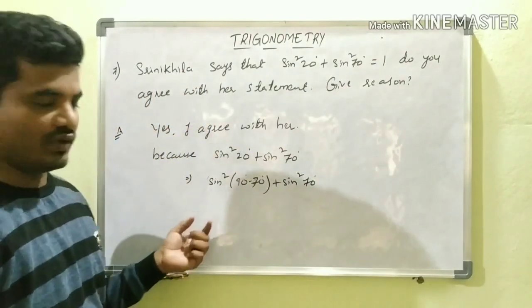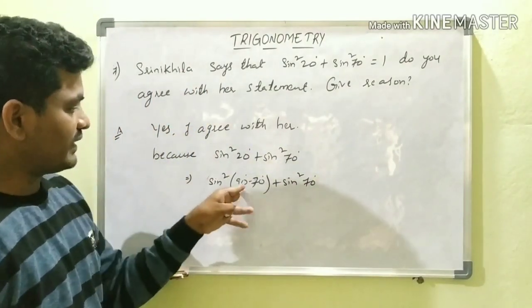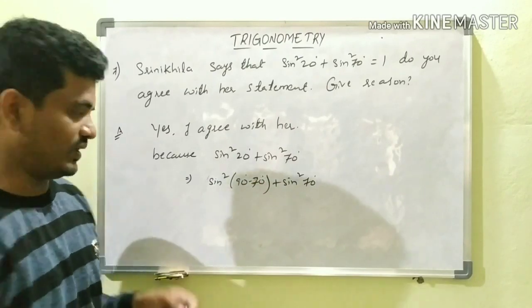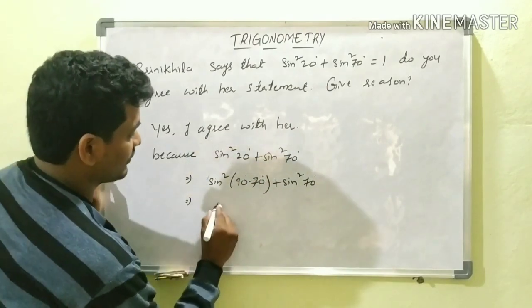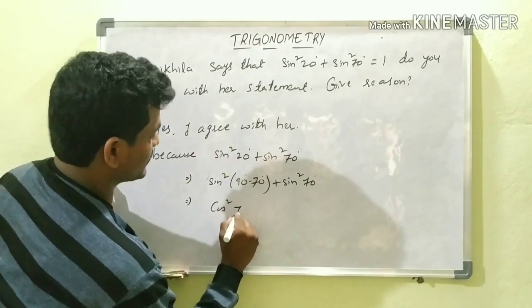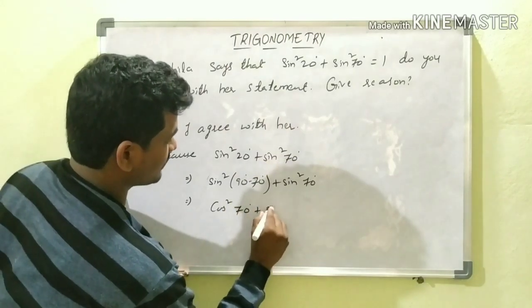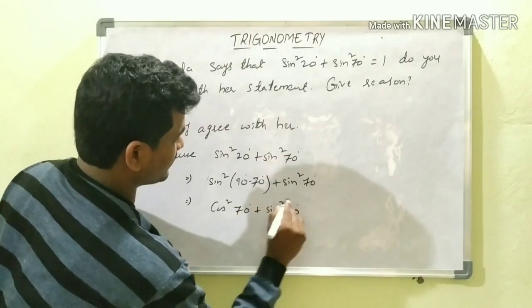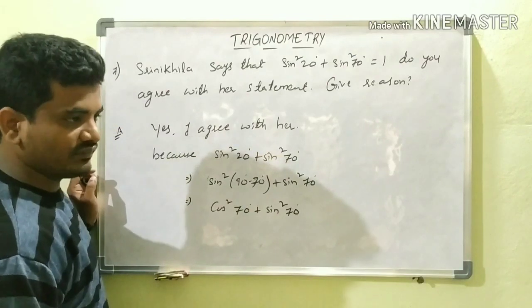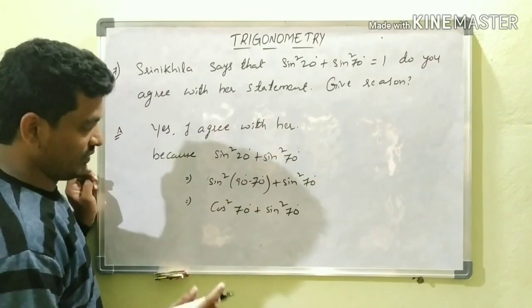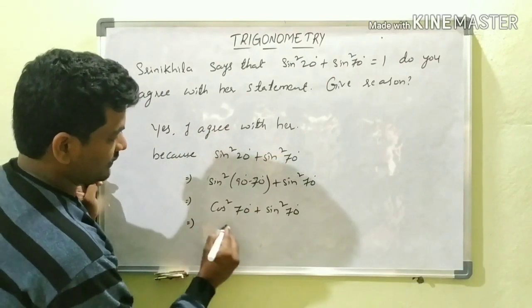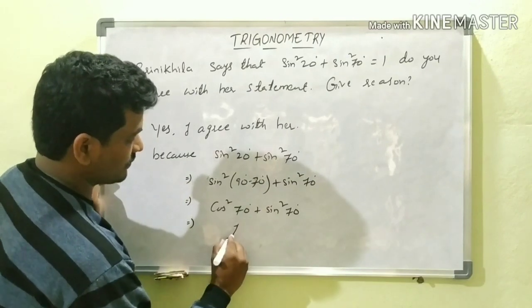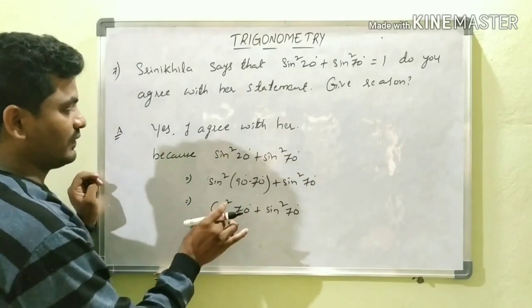Okay, it is like complement angles. Sin of 90 minus 70 becomes cos square. Cos square 70 degrees plus sin square 70 degrees. It is like the identity cos square theta plus sin square theta equals 1. Then it is also equal to 1. Therefore, yes.